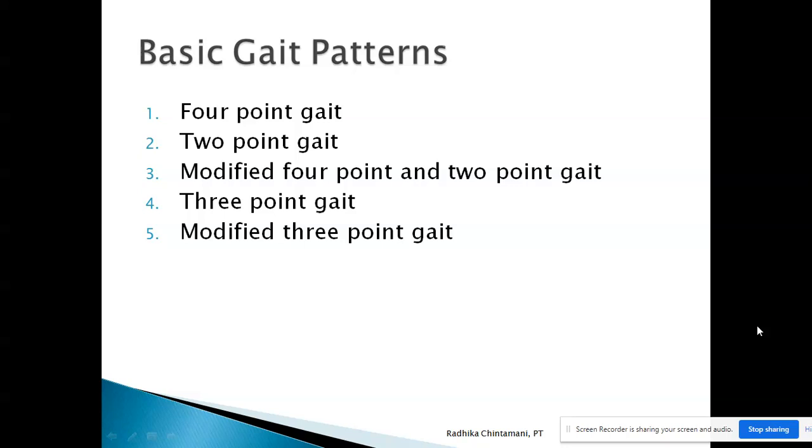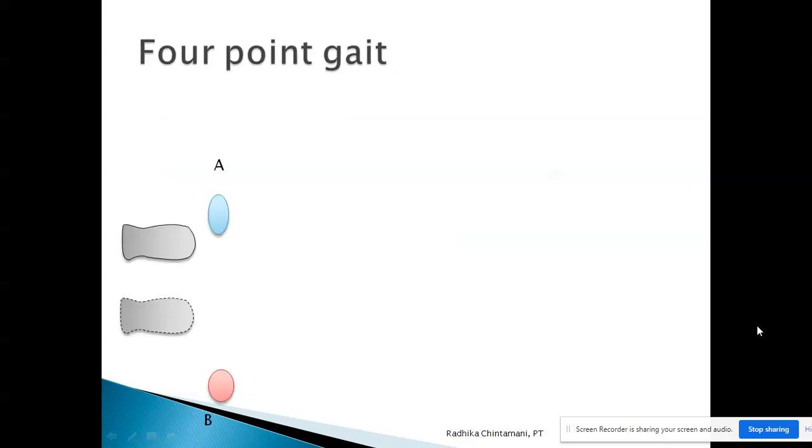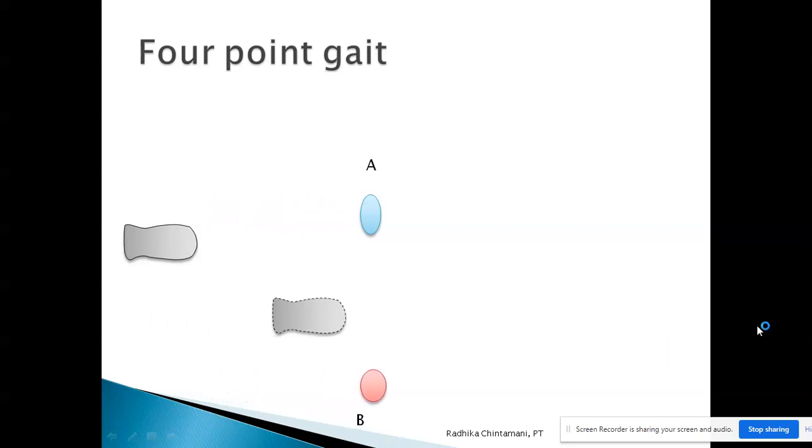So these are the basic gait patterns. When we are talking about basic gait patterns, we have five things: the 4 point gait, 2 point gait, modified 2 point gait, 3 point gait, and modified 3 point gait. First, coming to 4 point gait. Crutch A first, followed by the bad leg, followed by the contralateral crutch, and then followed by the good leg.